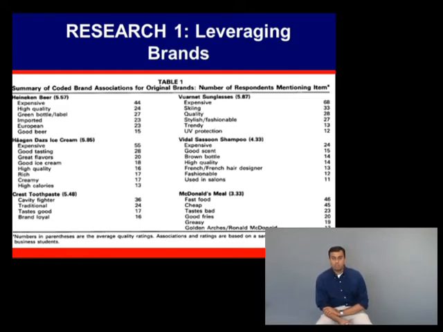McDonald's meal was rated 3.33, and you can see that McDonald's has a mix of good attributes and bad attributes being mentioned. So McDonald's, for example, fast food and cheap and tastes bad, and French fries, or good fries and greasy, right? So maybe good fries is a positive attribute, and greasy.